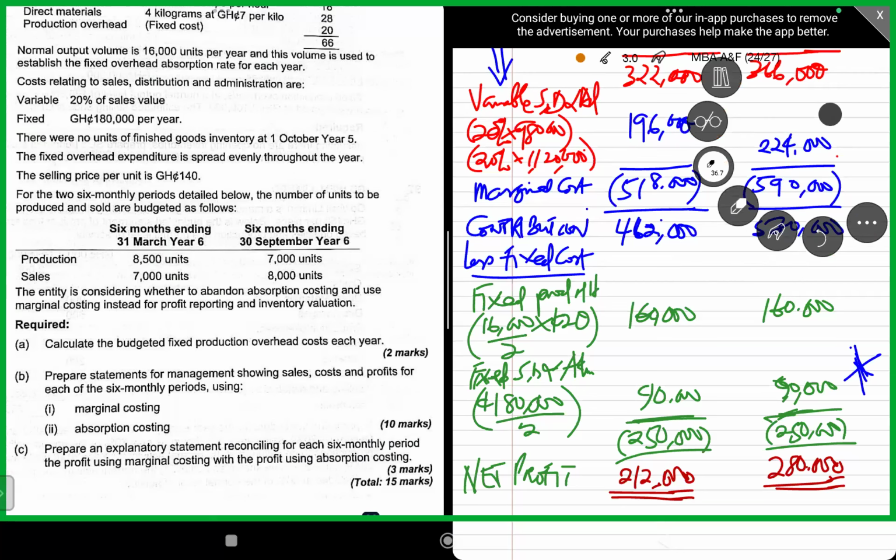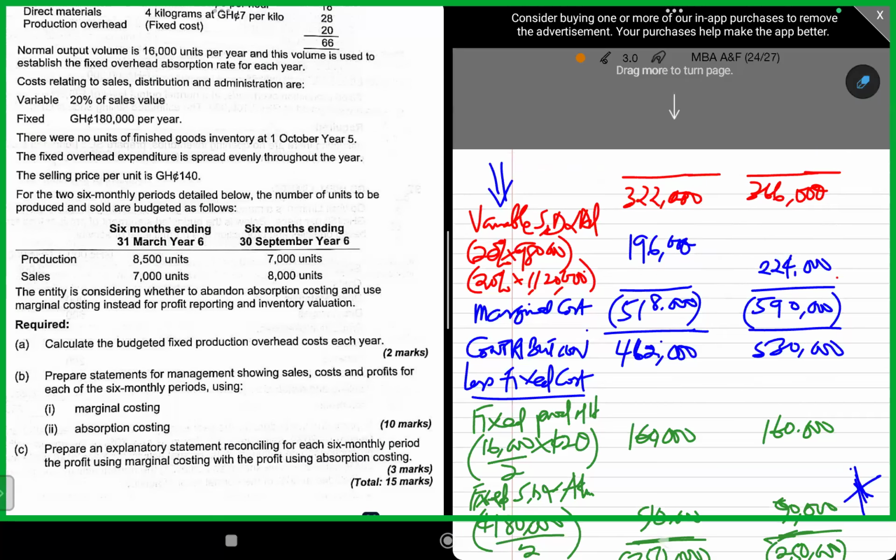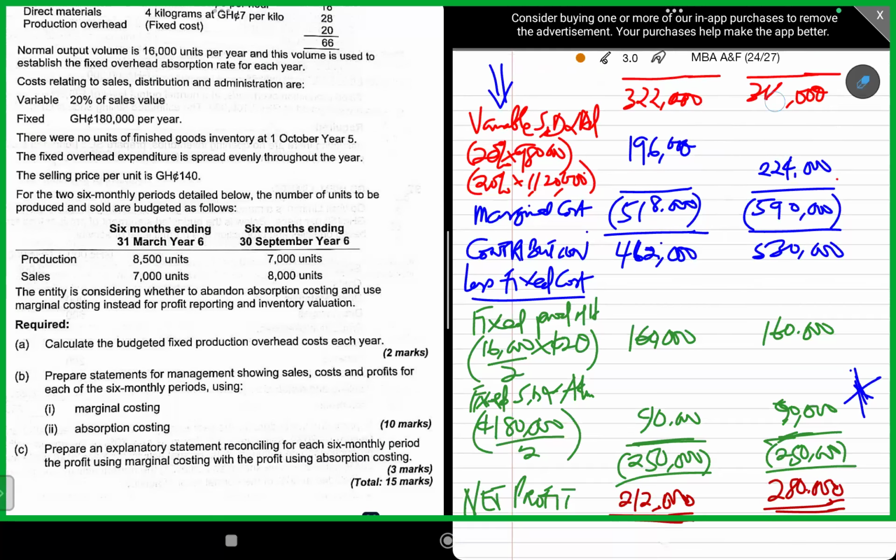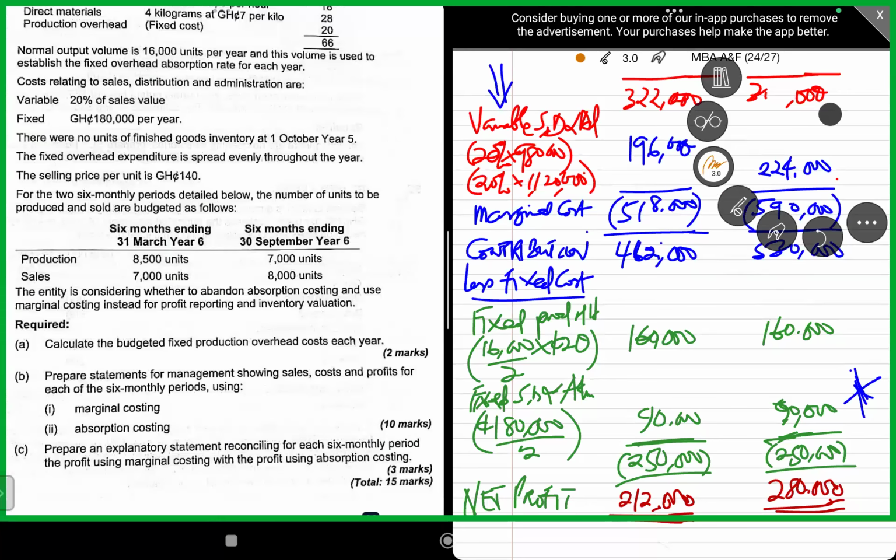And we got 366. Have you seen it? It's a mistake. We got 366, but it should be 368.